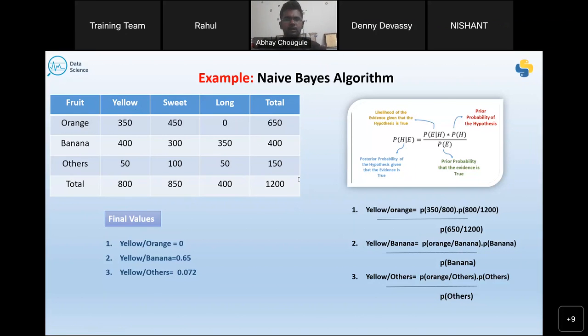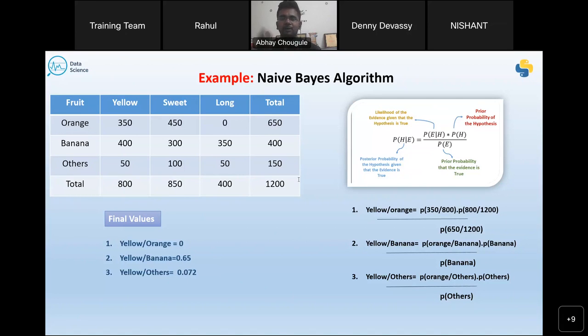Then there is yellow orange, sweet orange, long orange, and whatever values come, you have to multiply these values, and then you will get 0 probably. I have not mentioned the total example here. Banana is also the same with yellow, sweet, long, and others also yellow, sweet, long, and then definitely you will get some kind of answer.